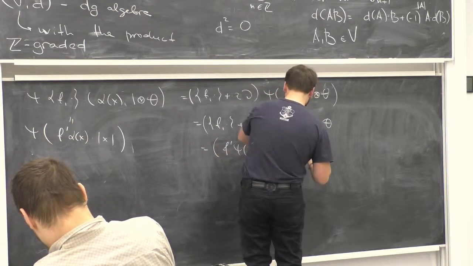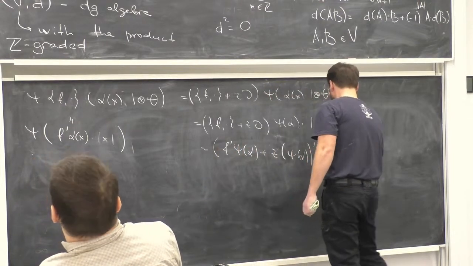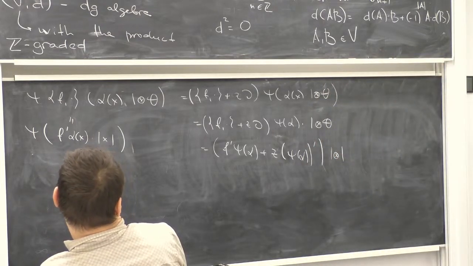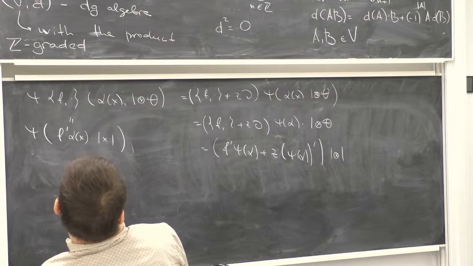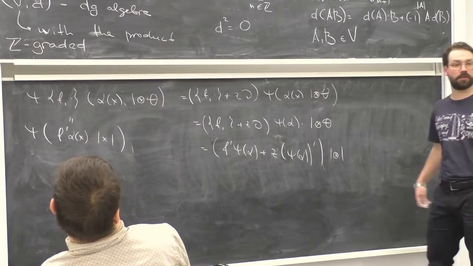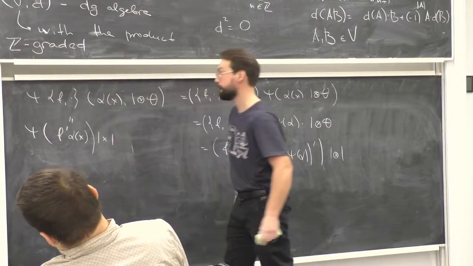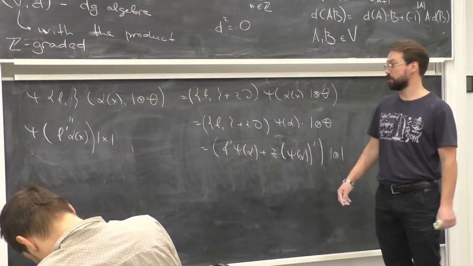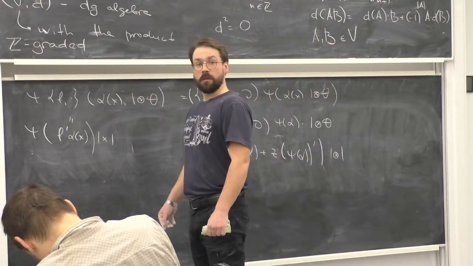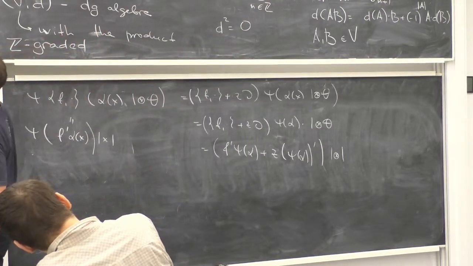Well, okay, this is just C of alpha prime 1 times 1. What is the prime? The derivative with respect to the variable x. Where does it come from? Where there was something like the derivative d. So my d, your d, yeah.